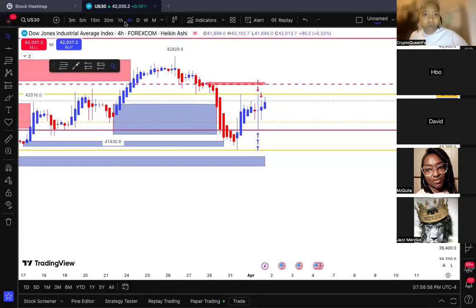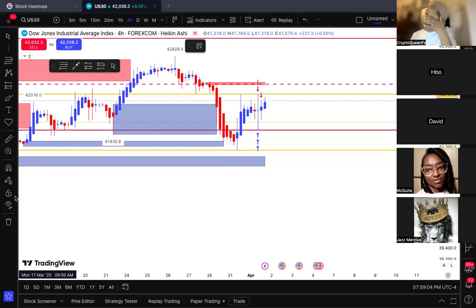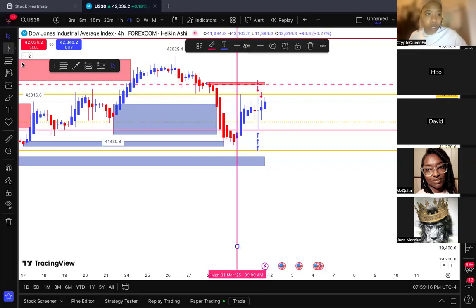I'm looking for entry here on the 30. I won't enter until New York session, but I will be looking for a buy. So on the US 30, I'm gonna be looking for a buy come New York session.